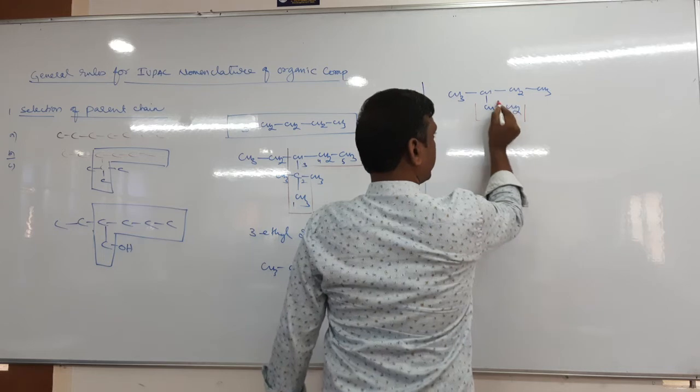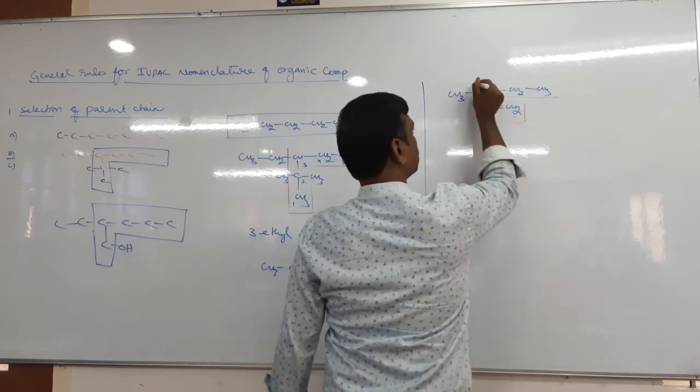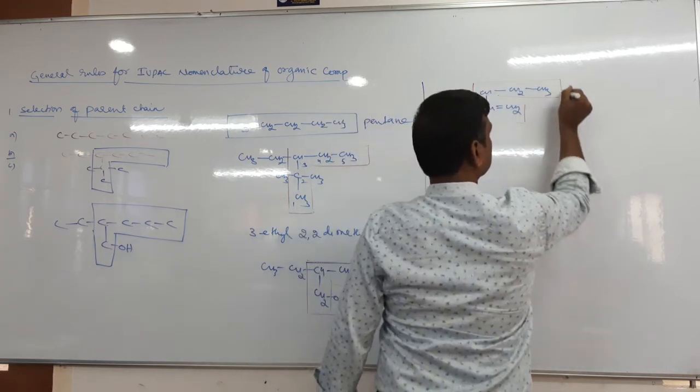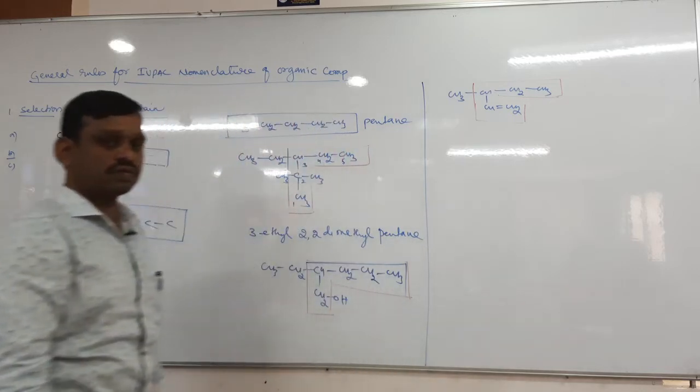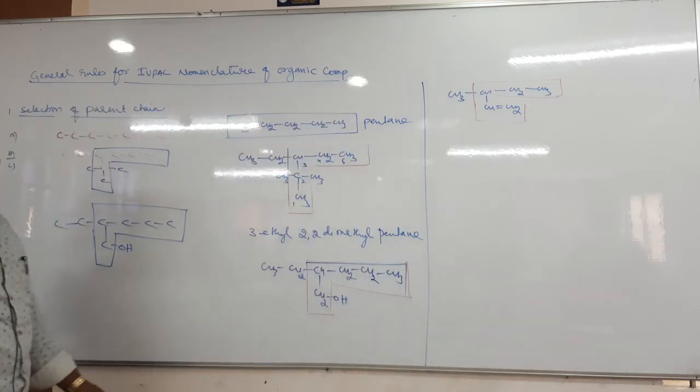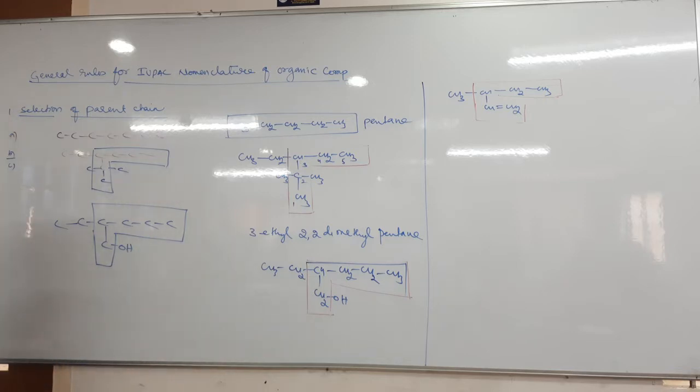Select the parent chain which has multiple bonds. So these three rules are the selection of parent chain. Next, the second rule: assign the number to the parent chain.